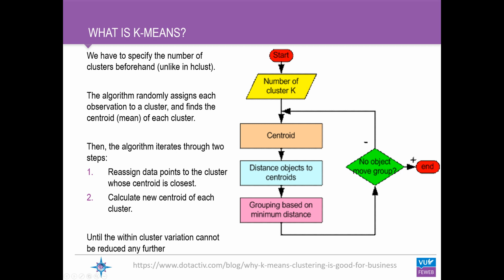It groups again on the minimum distance, and then maybe some objects need to be moved to another cluster. And then it starts again calculating the centroids, calculating the distance of all the objects to the centroids, and seeing if some objects should be moved to other clusters.